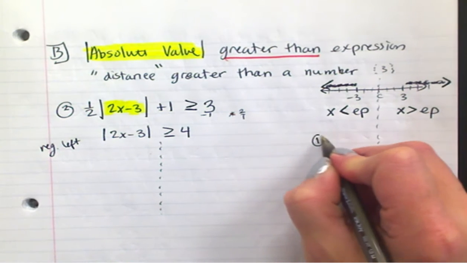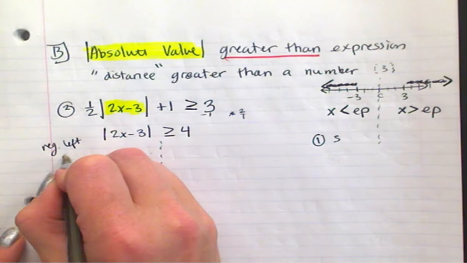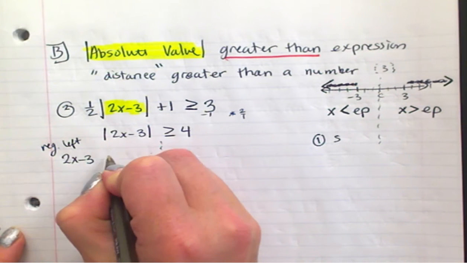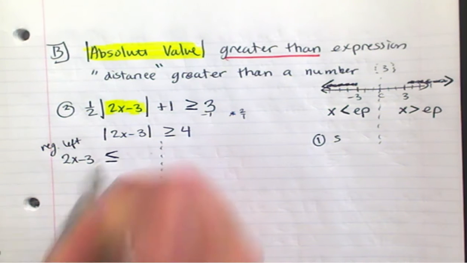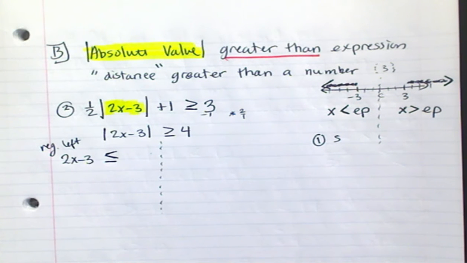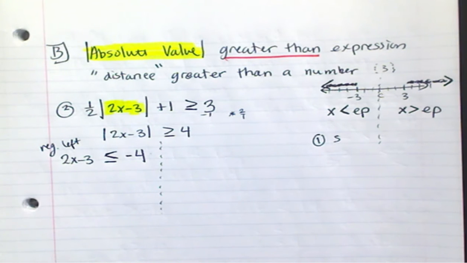Okay, so arrow has to go to the left. So we're going to say 2x minus 3. The arrow has to go to the left. Look at my inequality sign. On the left of the center, the arrow has to go to the left and the negative direction.